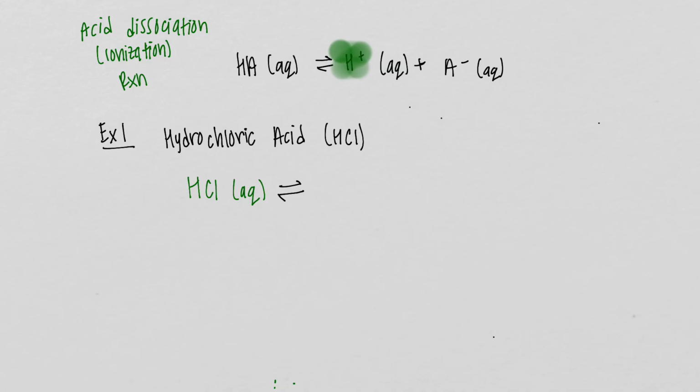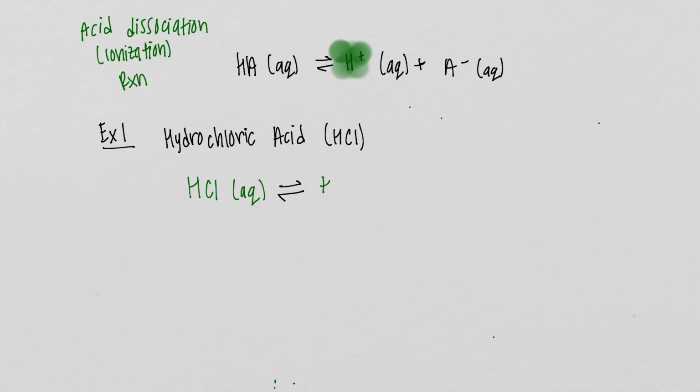Why? Because remember, when we're putting an acid in water and it's dissociating and coming apart, we're taking that hydrogen, that proton, away from whatever element it's stuck to. So in this case we have hydrogen and chlorine.